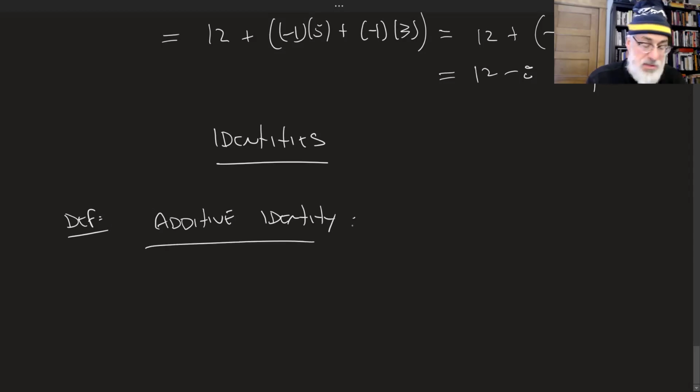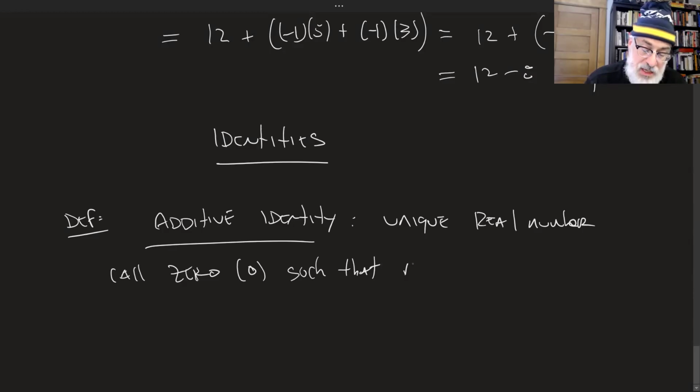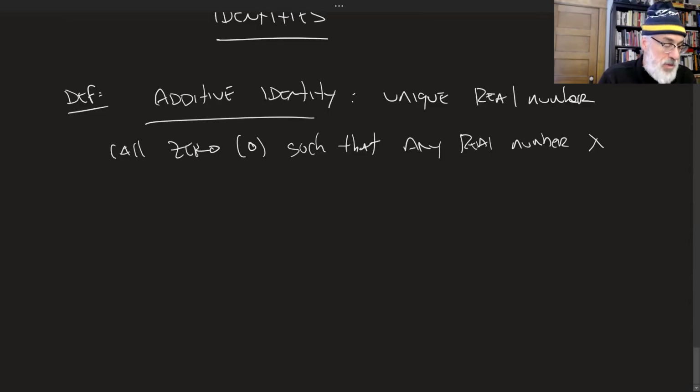We define this as there is some unique real number, which we're going to call 0, such that for any real number x, x plus 0 is equal to x.